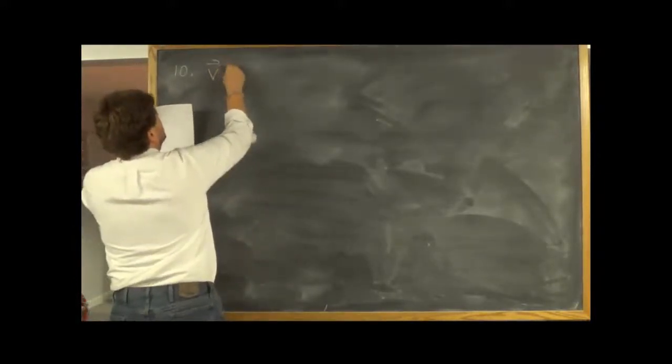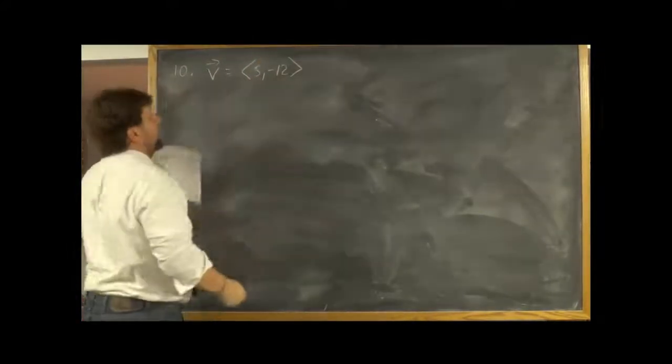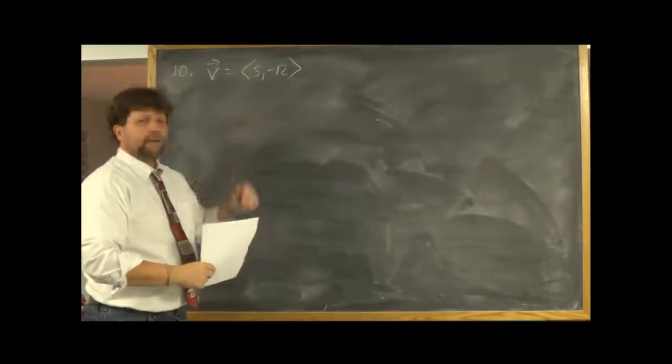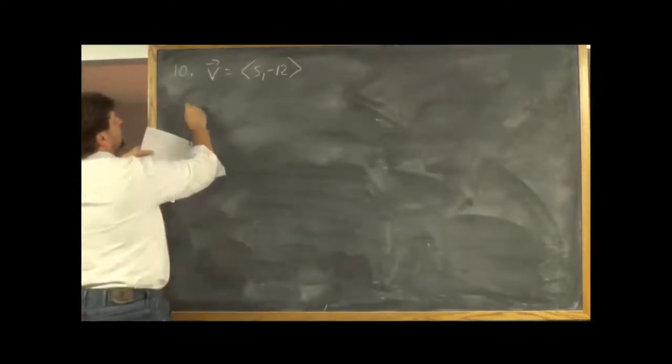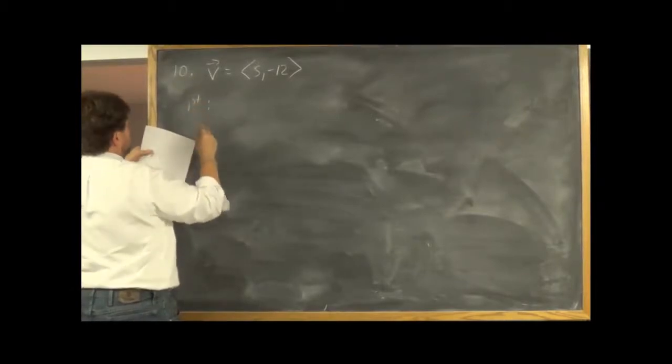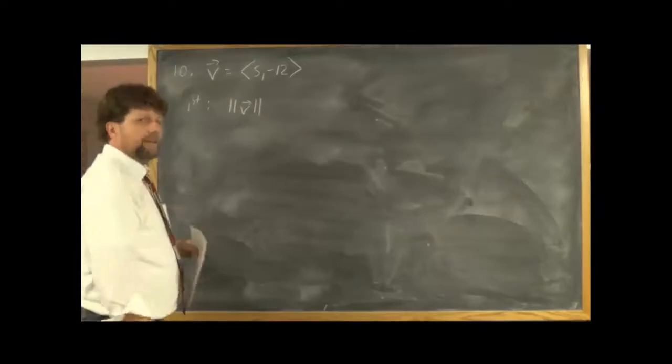So if your vector in component form is 5, -12, and you want to get a unit vector that's in the same direction, there are two things you have to do. The first thing, you need to get the magnitude of vector v.